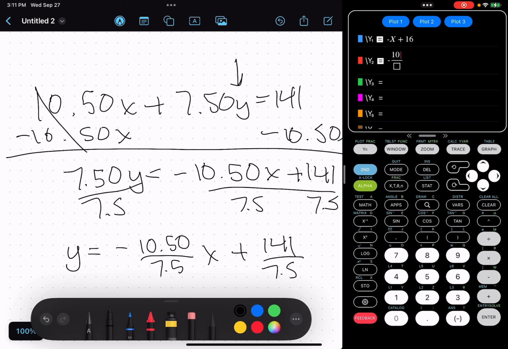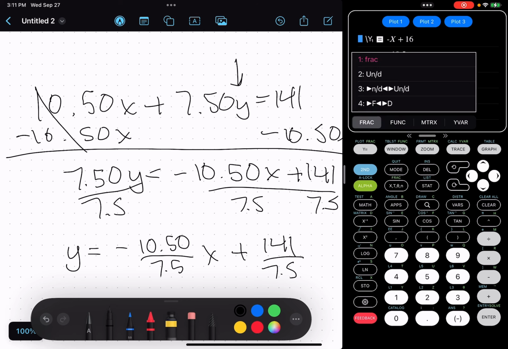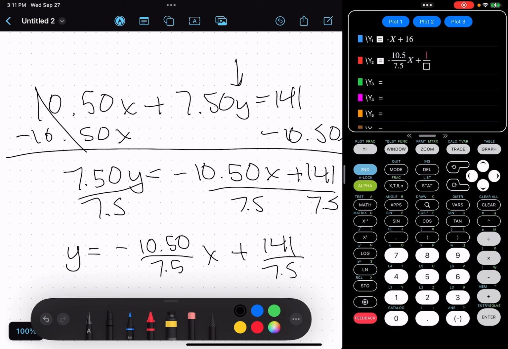Put the fraction in, 1050 over 7.5. Don't forget the x, plus alpha y equals fraction 141 over 7.5. Okay, so yours should look like mine. Remember, if we're doing a negative, you're using that negative down at the bottom instead of your minus sign.